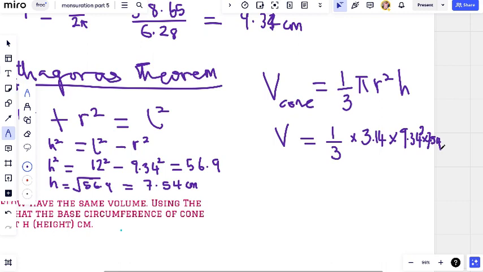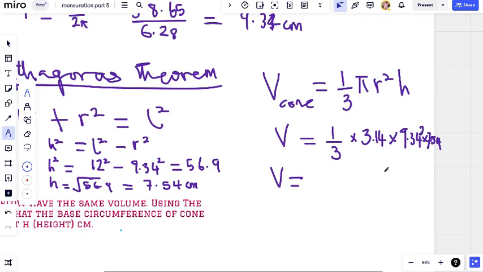Okay? So we key everything into our calculator, we get the volume. 1 divided by 3 times 3.14 times 9.34 squared times 7.54.